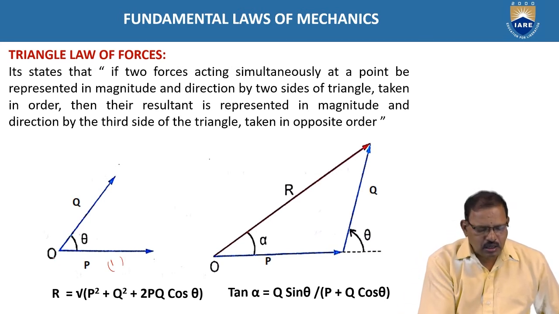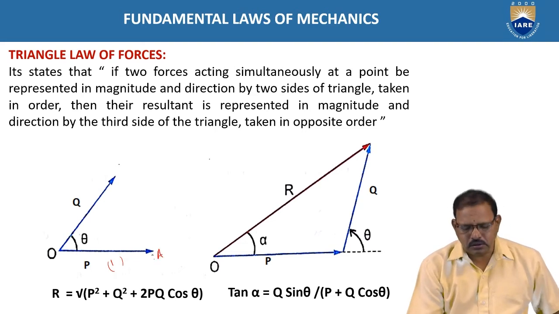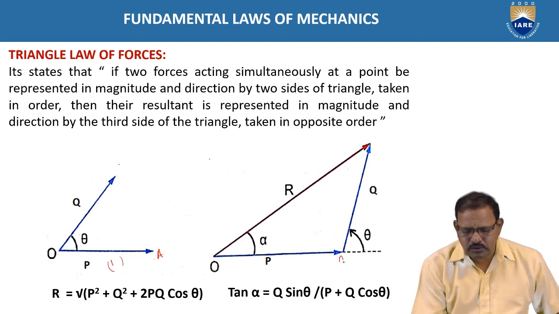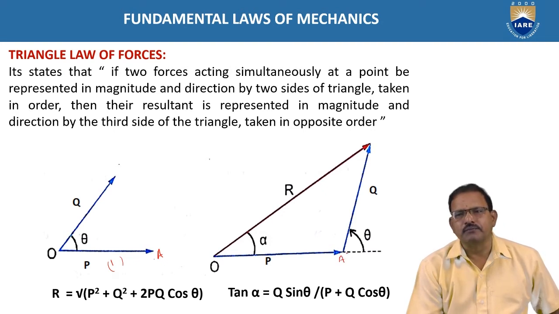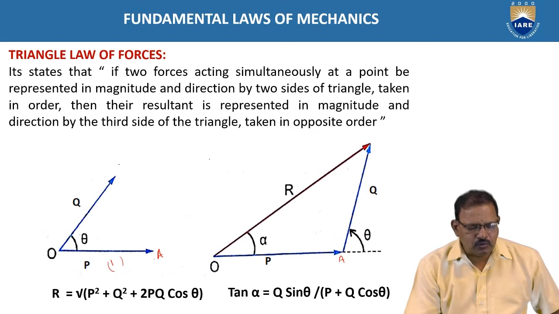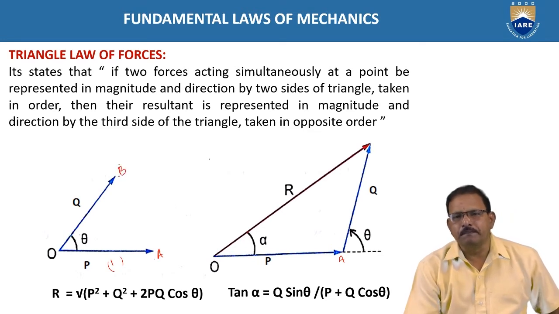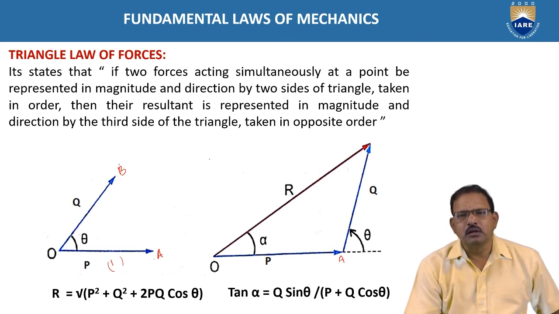That means here OA is representing force P, both in magnitude and direction, and OB is representing the force Q.